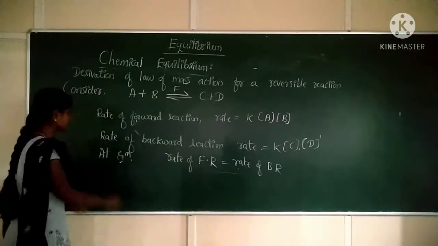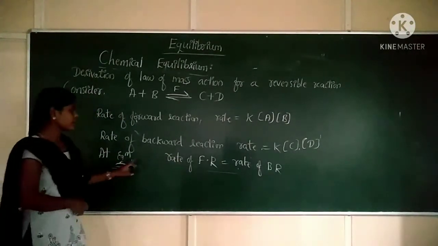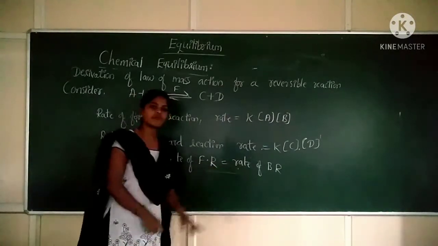That state is said to be equilibrium. Or you can write that at equilibrium, the rate of the forward reaction equals the rate of the backward reaction.